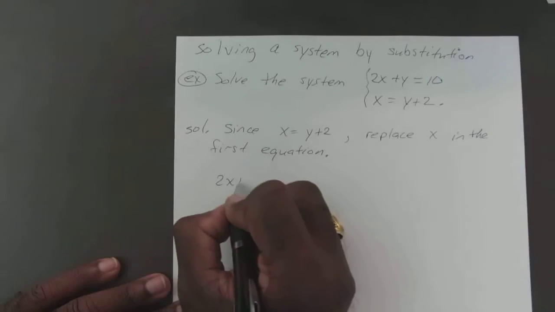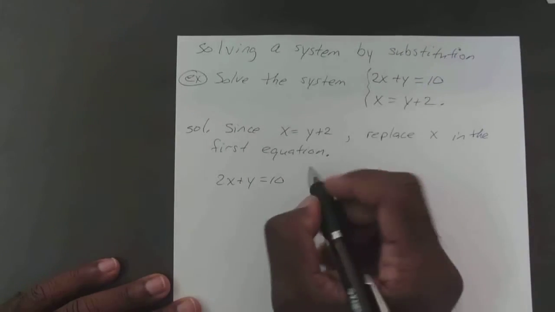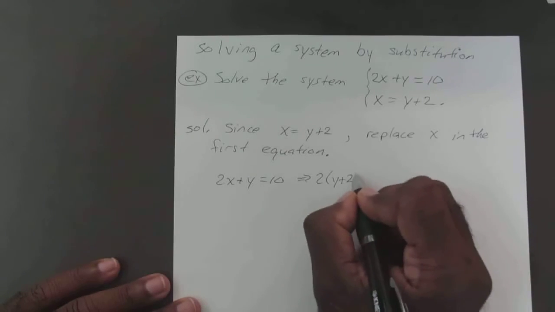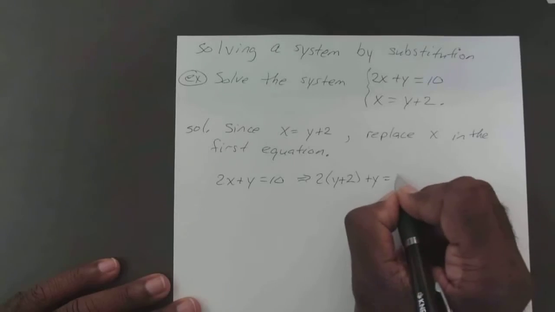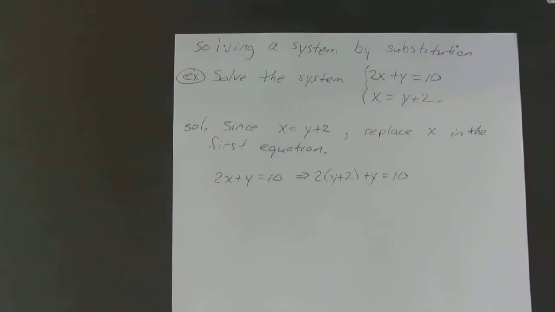So our 2x plus y equals 10. We know that x is y plus 2, so we can make that 2 times y plus 2, plus y equals 10. Now we have just one variable in that entire equation, so we can solve for y.